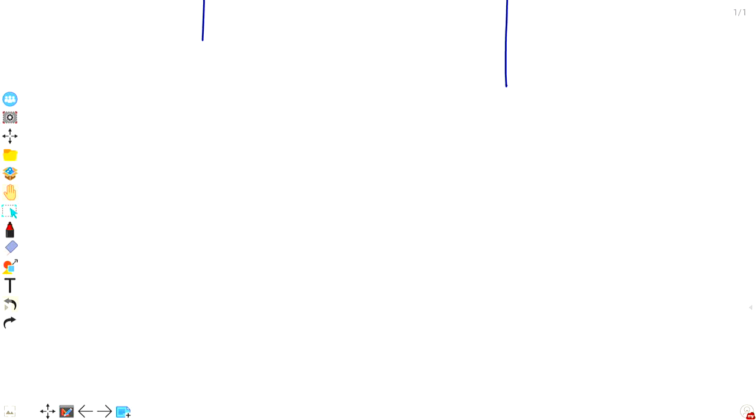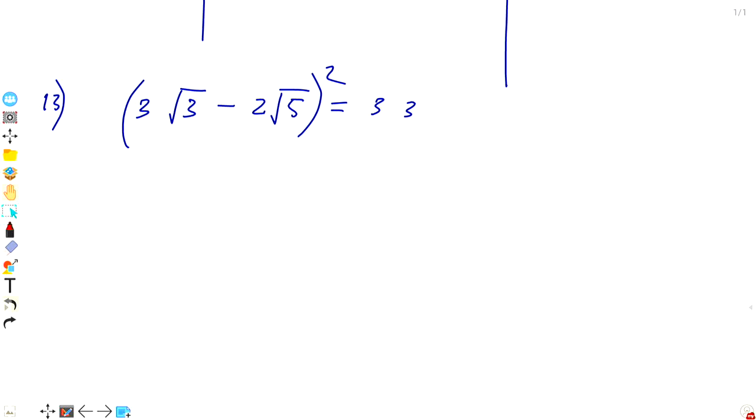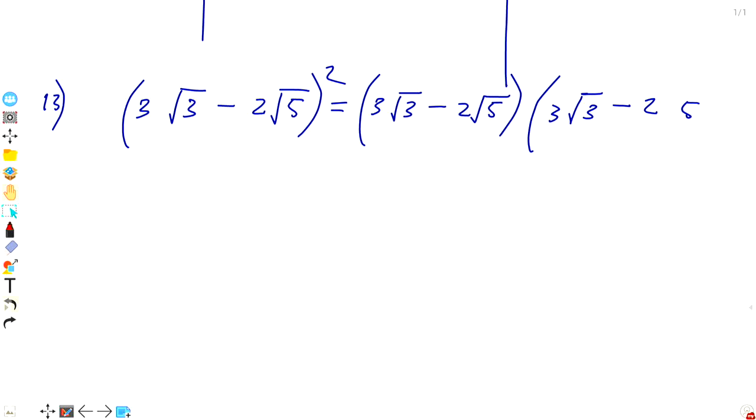Question number 13. You have (3 square root 3 minus 2 square root 5), the whole thing squared, right? So this is nothing but (3 square root 3 minus 2 square root 5) times (3 square root 3 minus 2 square root 5).